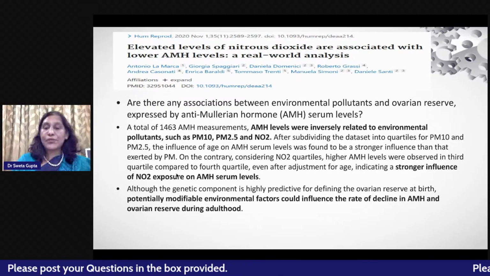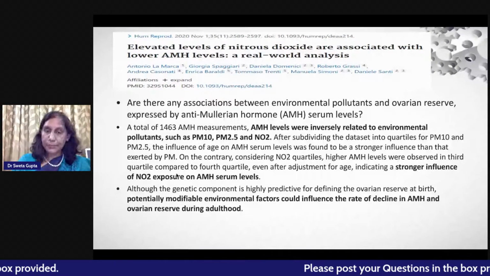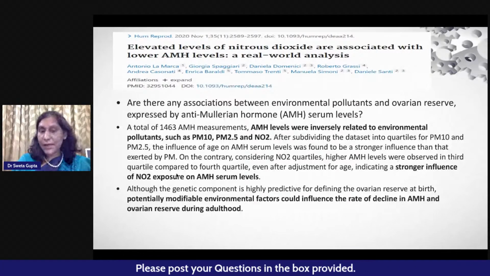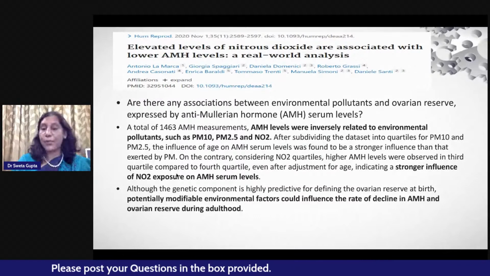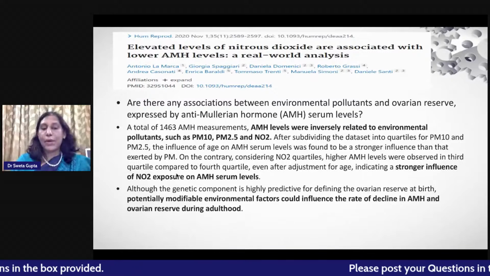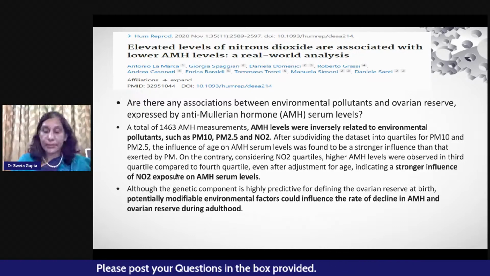In fact, there was a strong influence of NO2 exposure on serum AMH levels. So, what they concluded: although the genetic component is highly predictive for defining the ovarian reserve at birth, potentially modifiable environmental factors could influence the rates of decline in AMH and ovarian reserve during adulthood.